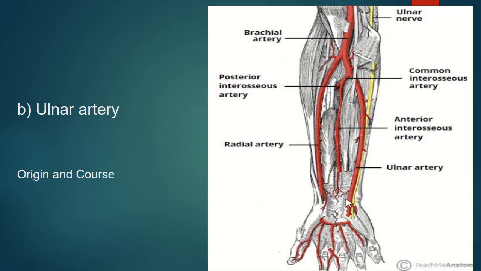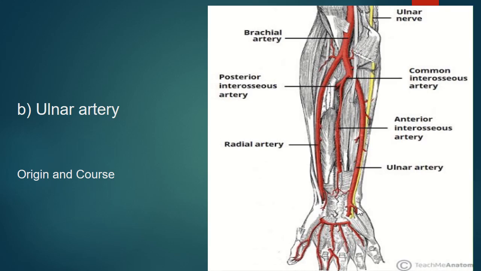For now, just remember there is a band of deep fascia termed the flexor retinaculum just in front of the wrist. The ulnar artery passes superficial to this flexor retinaculum through a space termed the ulnar canal or Guyon's canal and enters the hand.